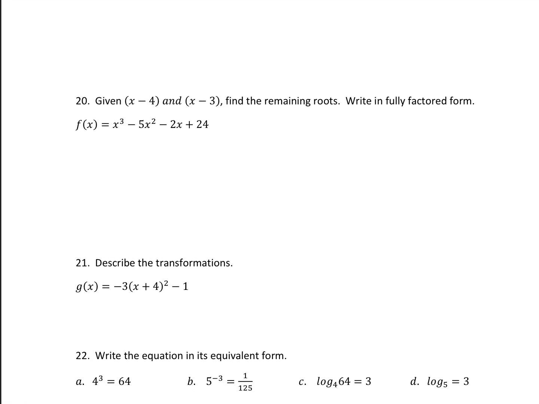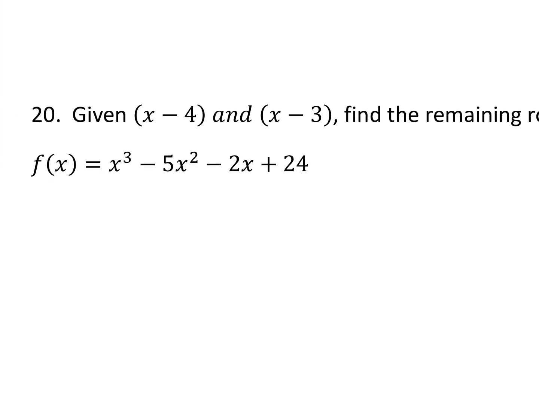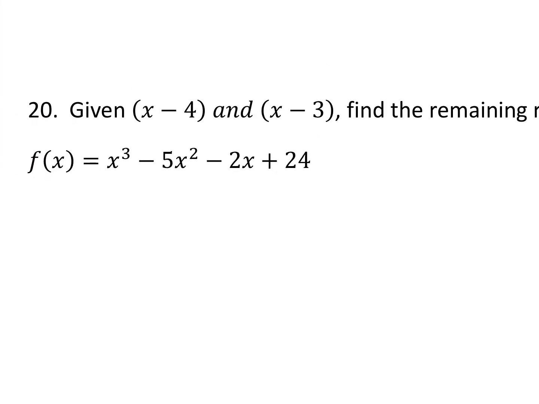Given that x minus 4 and x minus 3 are roots, what are the other answers? Fully factored form, all right? What do you know by saying that x minus 4 is a factor and x minus 3 is a factor? Good, guys. x equals 4 and x equals 3.